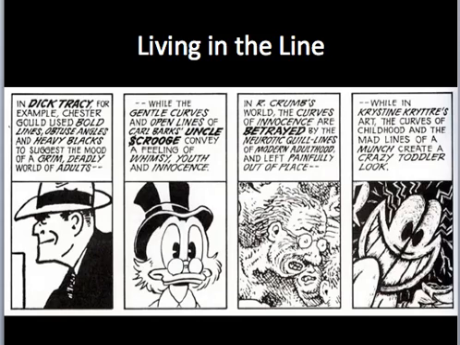So here we're seeing how line is used to connote different types of comics. In Dick Tracy, for example, Chester Gould used bold lines, obtuse angles, and heavy blacks to suggest the mood of a grim, deadly world of adults. Then, with the gentle curves and open lines of Carl Barks's Uncle Scrooge, it conveys a feeling of whimsy, youth, and innocence.